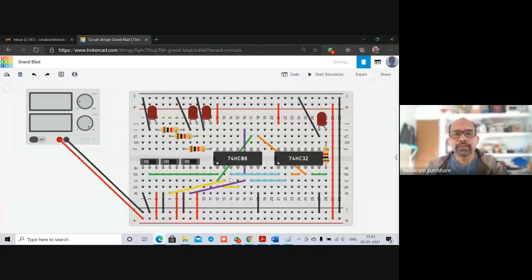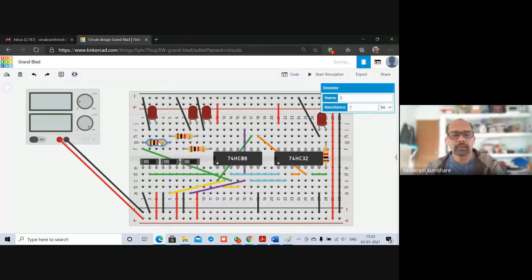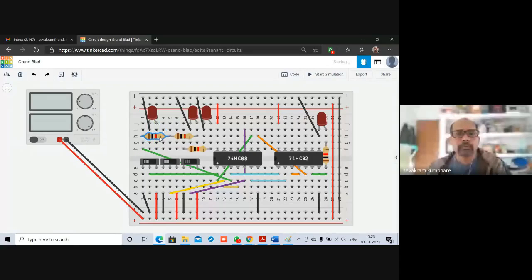So this connection I will connect to this. I'll connect like this.